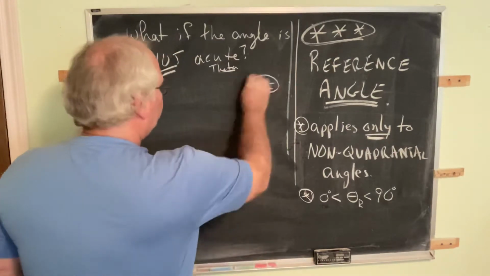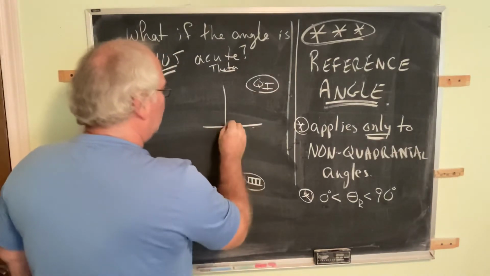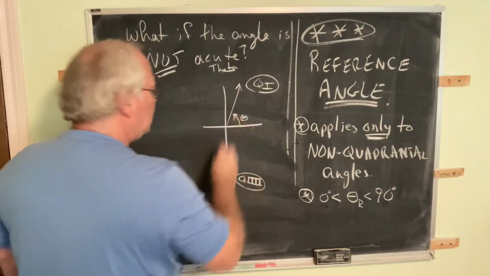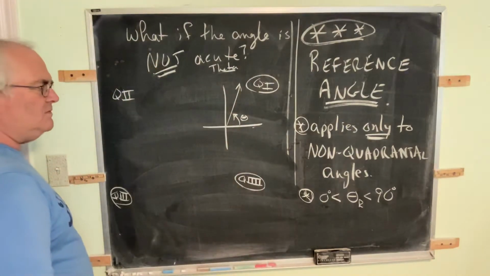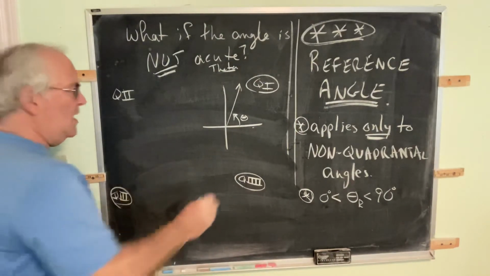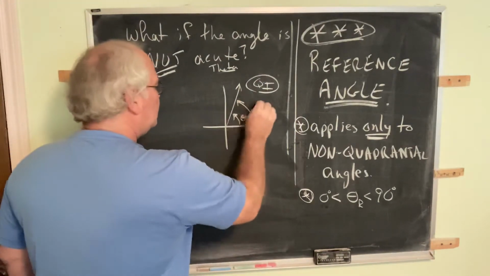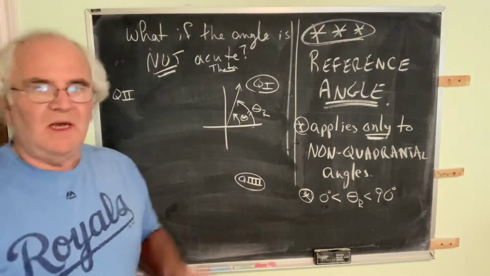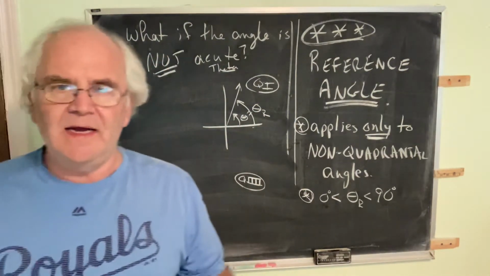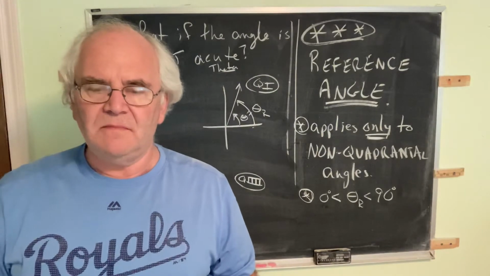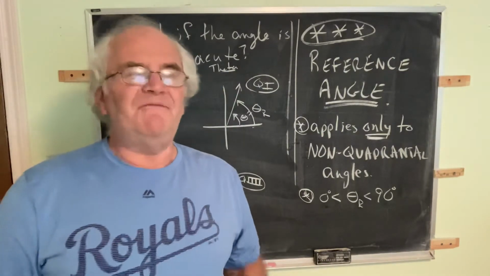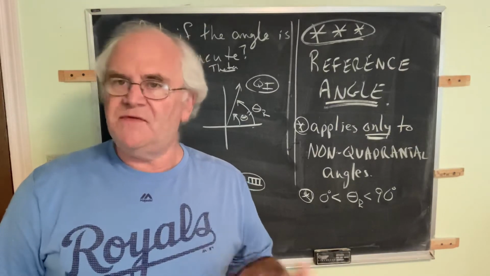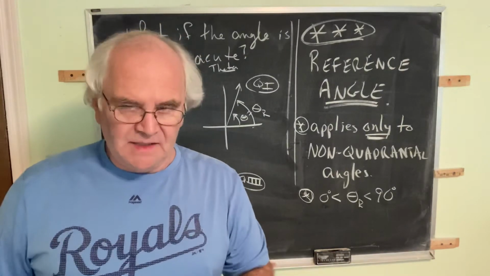All right? In quadrant 1, if this is theta, if theta is in quadrant 1, theta and theta reference are equal. So, if theta is 72 degrees, what is theta reference?